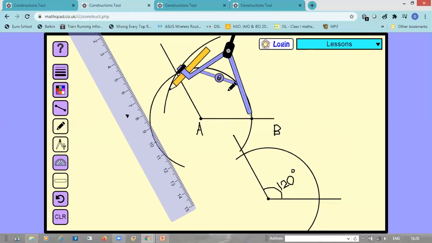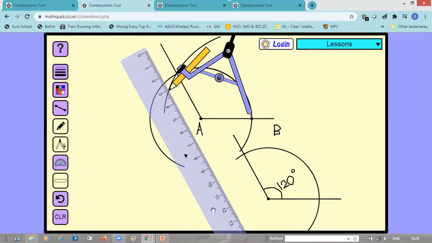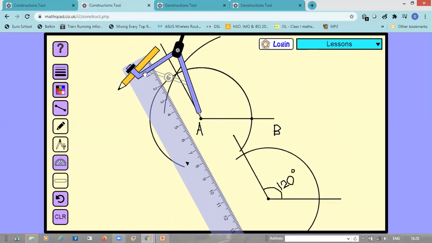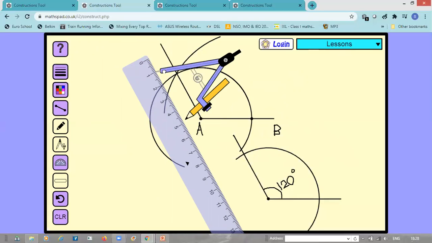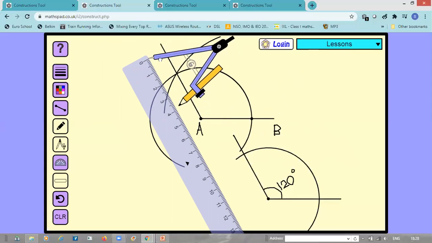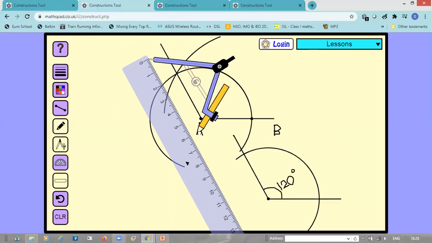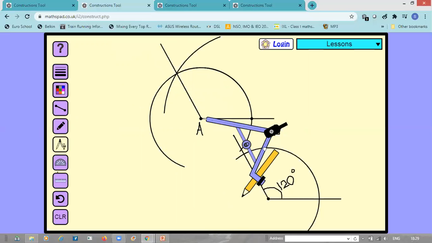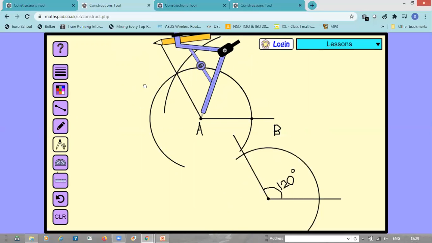Now take your compass again and take its length as the other length you had, which in my case is 6 centimeter. Now bring your compass to point A. Now make an arc through this line.